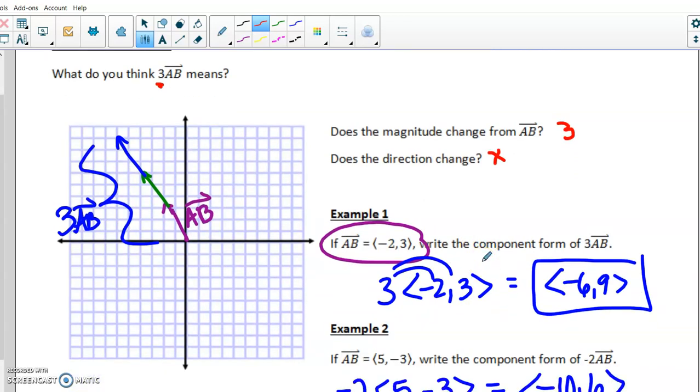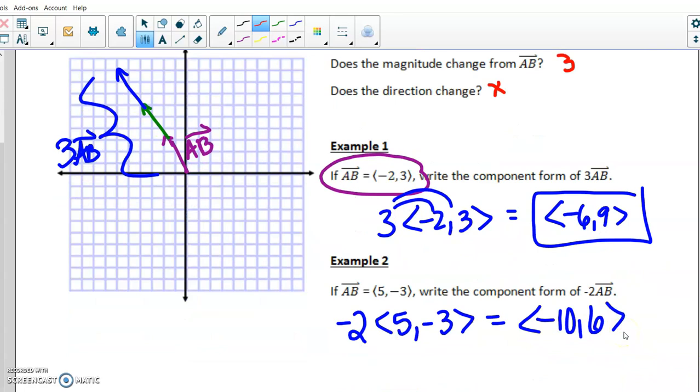In this example, it says if vector AB is -2, 3, write the component form of 3 times vector AB. So you're simply going to distribute that scalar multiplication. That 3, we're using the distributive property to distribute it in. So 3 times -2 gives me -6. 3 times 3 gives me 9.